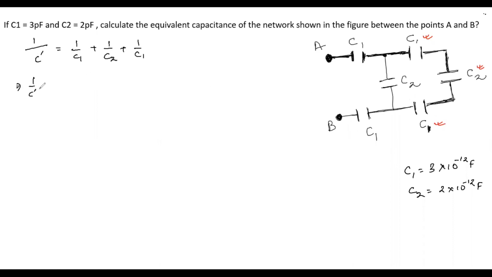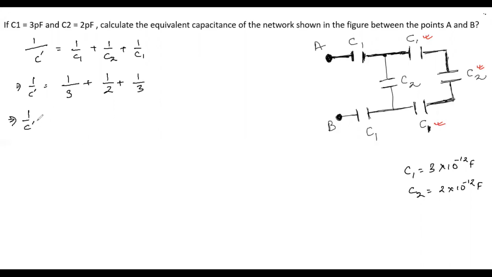Now C1 is 3 picofarad, C2 is 2 picofarad, and again 1 by C1 is 1 by 3 picofarad.